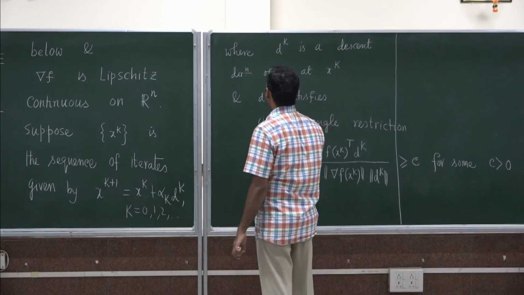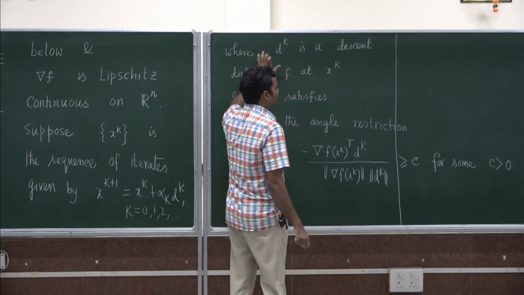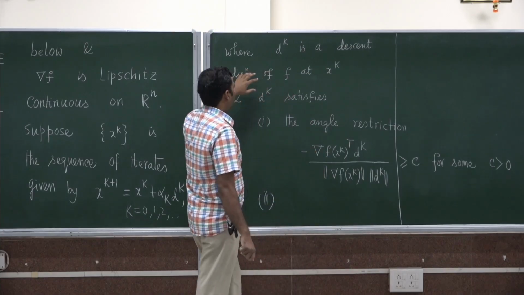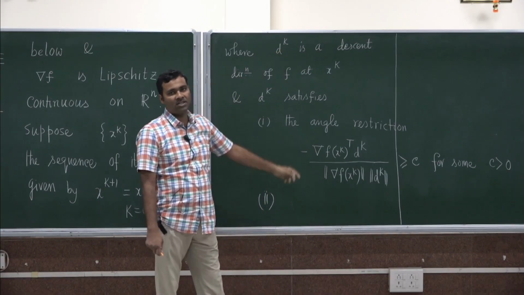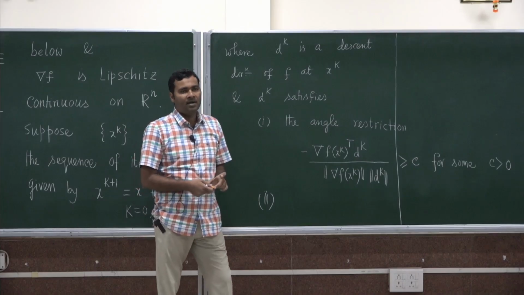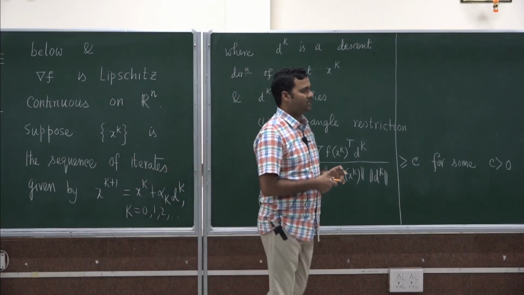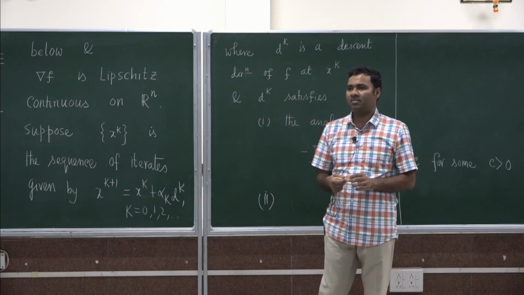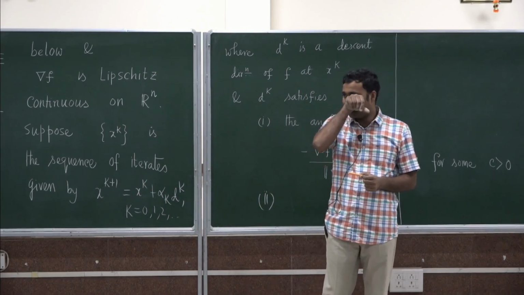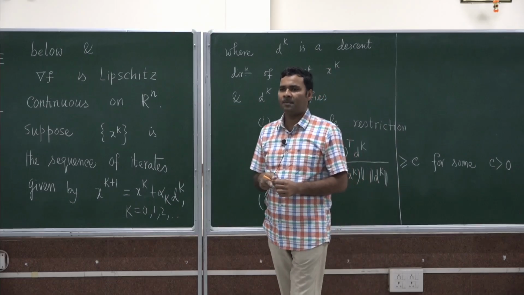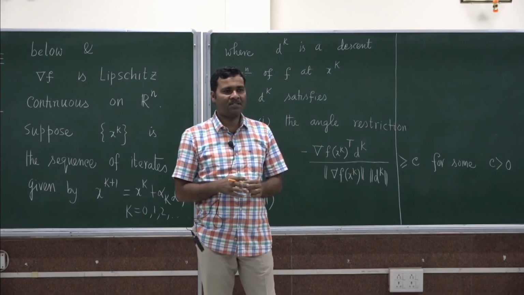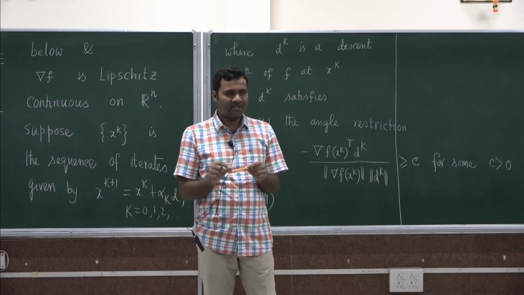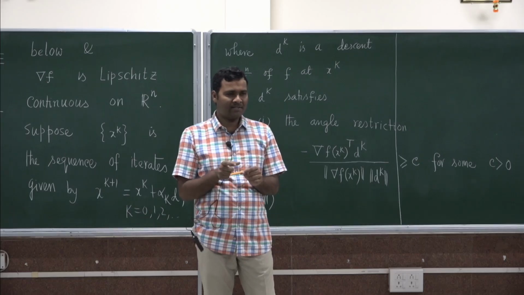the sequence of directions d_k are bounded above, but this does not lose any generality, because even if I consider d_k lying in a compact set, there is no restriction as such, because the direction can be unitized, it can be normalized.